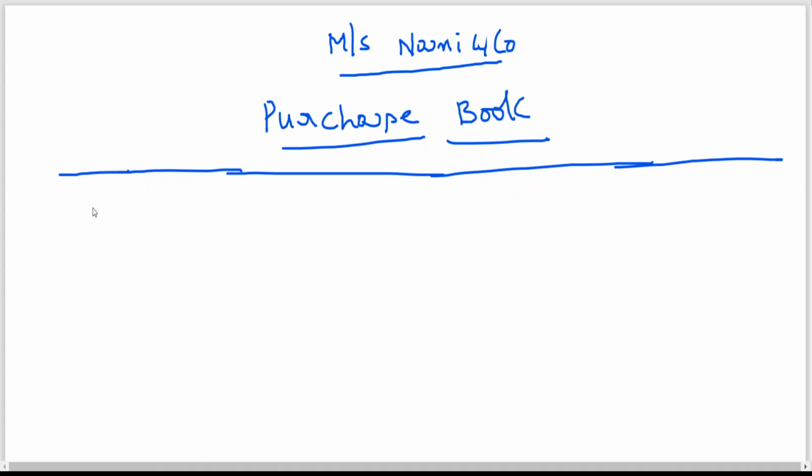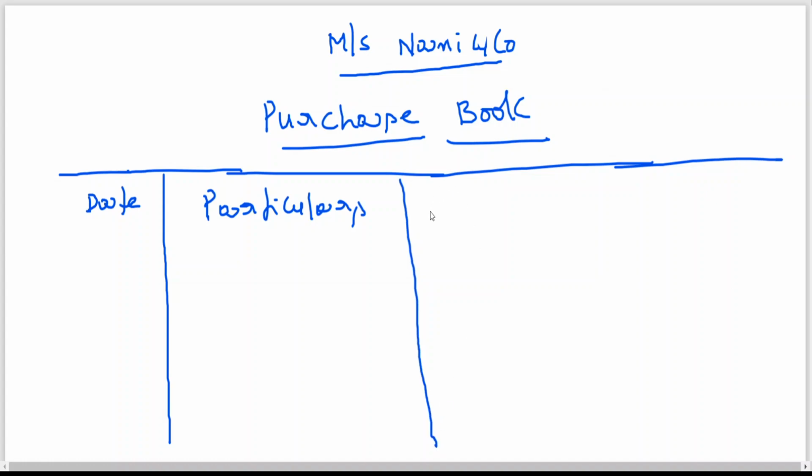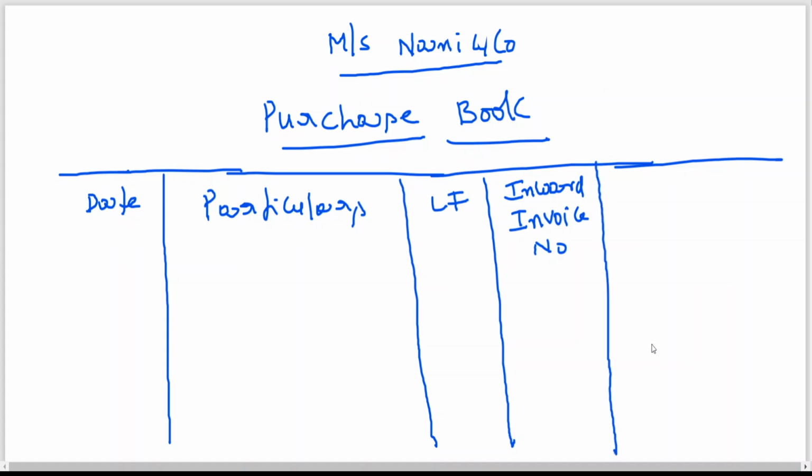First column, I have told you, is date. Second column is particulars. Nowadays they are writing invoice number, but I prefer you to write inward invoice because you will be able to identify it. Otherwise, you won't know the difference between the purchase book and the sales book. Inward invoice and two columns. One is for details, and one is for writing the amount in the outer column.